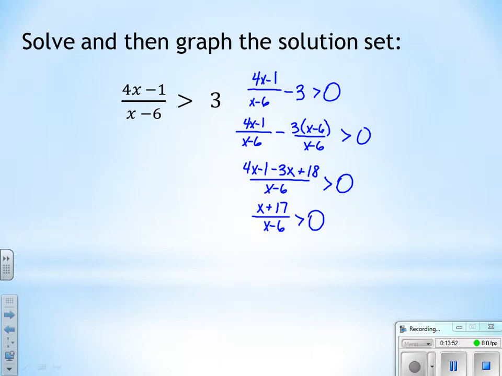Okay, so like the previous slide said, we need to find our key terms now. You need to find numbers that are not only ones that make the expression 0, but we also find them with undefines. All right, so your zeros are going to come from your numerator. Okay, 0 on the top of a fraction makes the fraction value of 0. So I'm looking at the top at a negative 17.